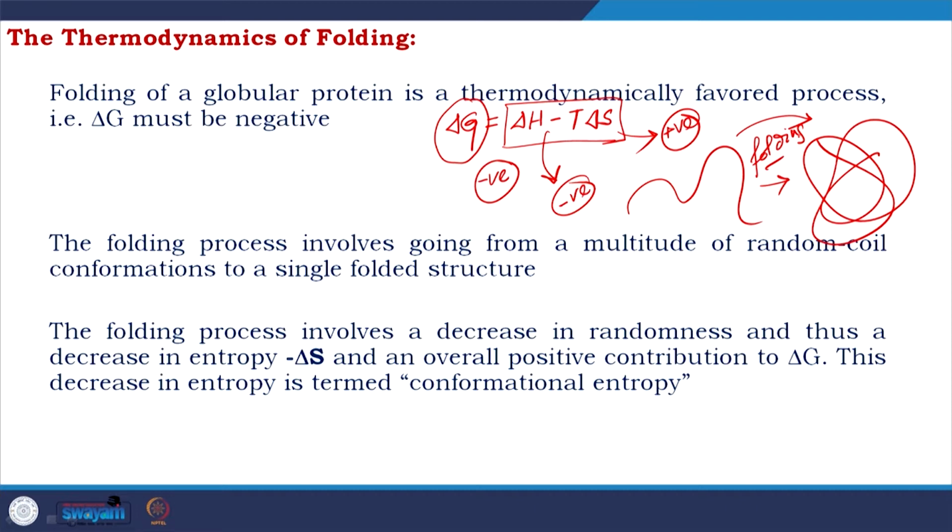What do we mean by randomness, or what do we mean by entropy? Let us take an interesting example. There is a stadium. The stadium is centered or focused on a stage.